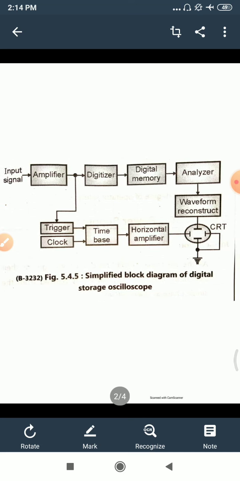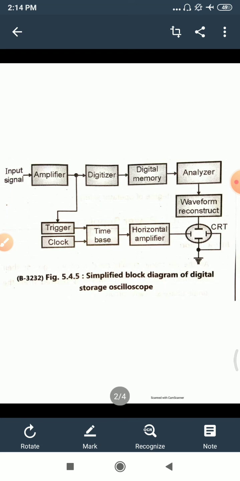You might have seen the block diagram of a CRO before. Again there is a similarity, that the signal is given to the horizontal deflection plate and the vertical deflection plate. So there will be a block called the horizontal amplifier as well as a vertical amplifier.